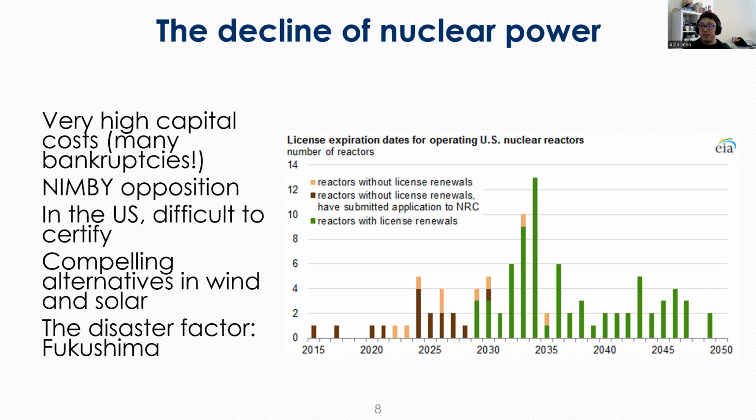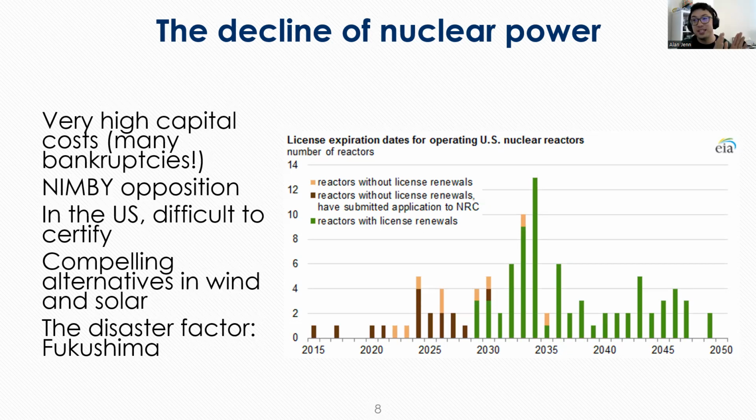The other one, NIMBY opposition. So NIMBY, for those who don't know, stands for not in my backyard. So there's definitely some fear, I would say, of nuclear power as a resource, right? We think about nuclear explosions and radiation and those types of things.